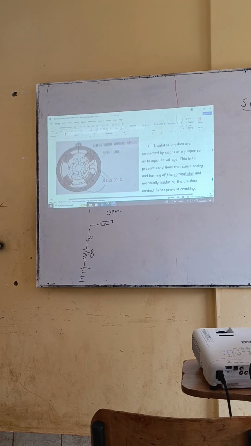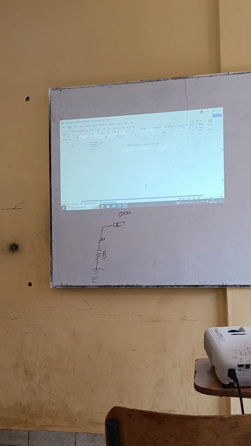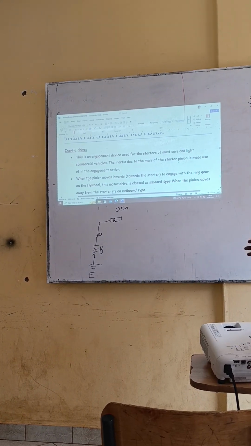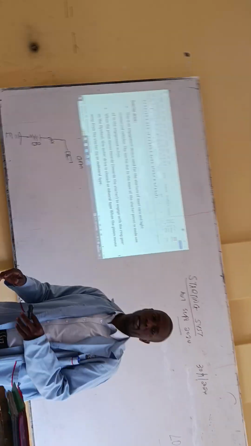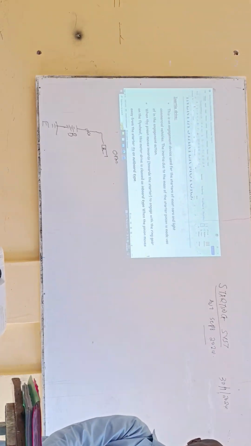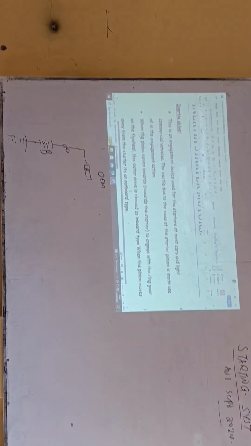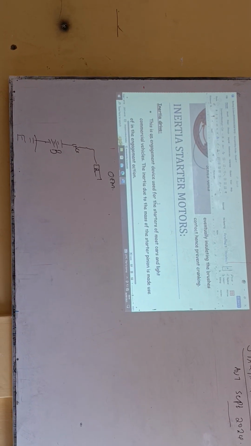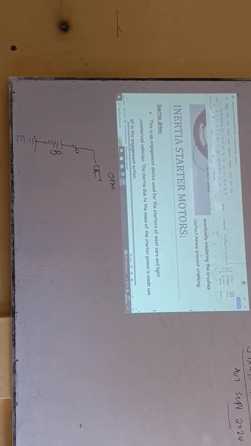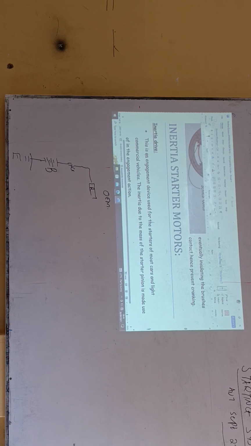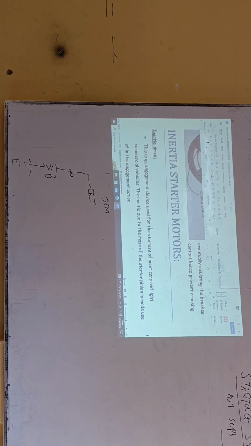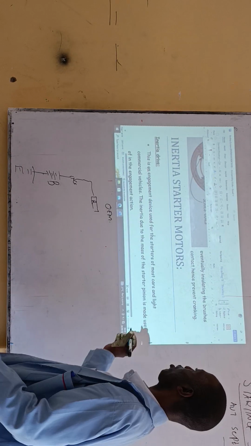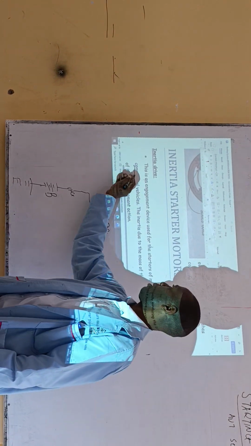Inertia is briefly a kind of drive, so that you can see the difference between the two types of starter motors that we have, in heavy and light commercial vehicles. Inertial starter motors produce an inertial drive. This is an engagement device used for the starters of most cars, most of them called light commercial cars. So I want you to mark this.